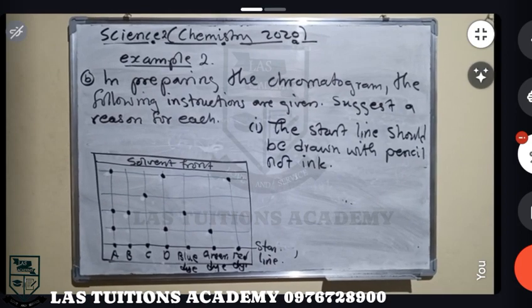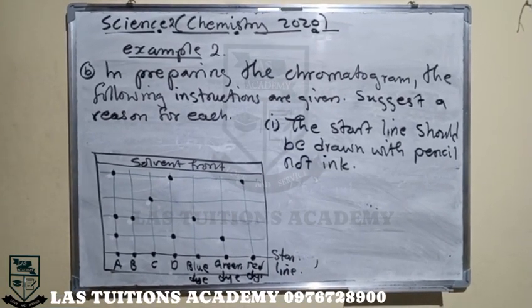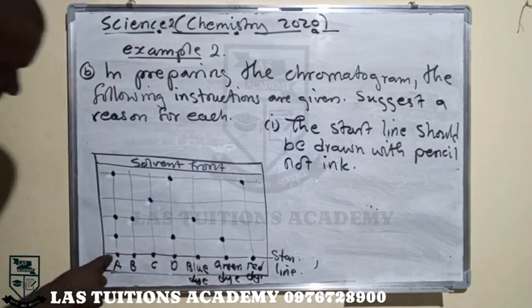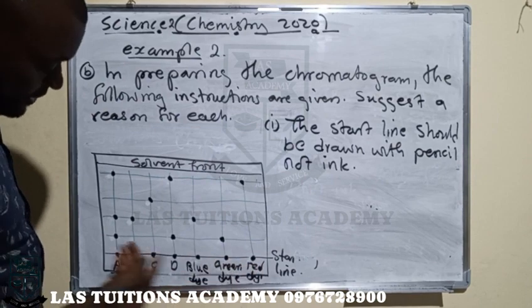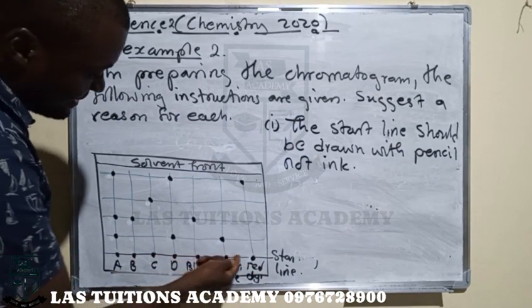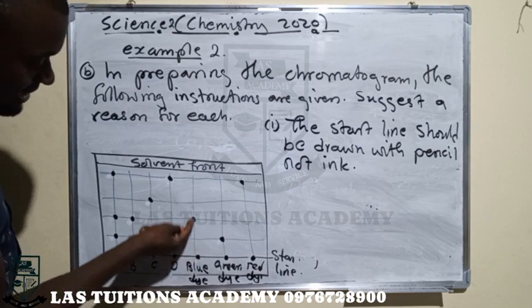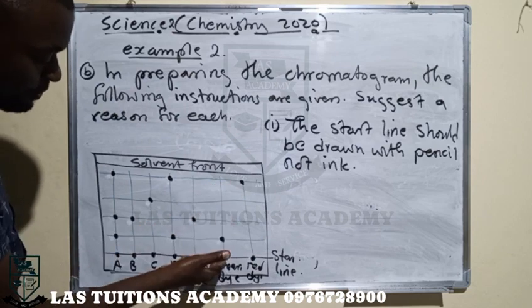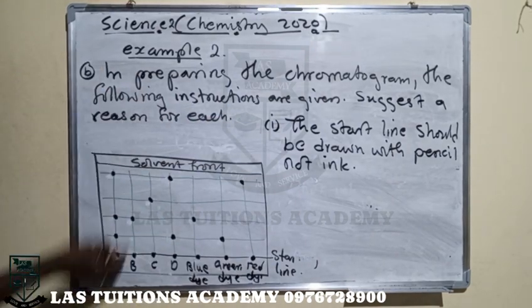Okay. So I'm sure we all get the whole idea, isn't it? We are using the pencil here because these are color pigments, or dyes. Imagine if this line was in ink. As these dyes are rising up, this whole line would rise together as the solvent is going up.